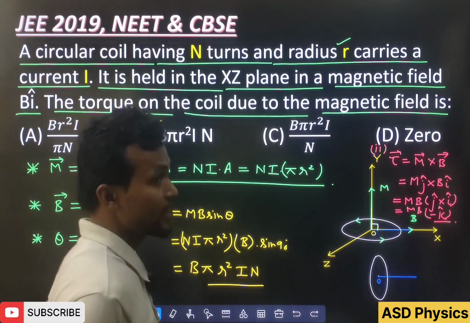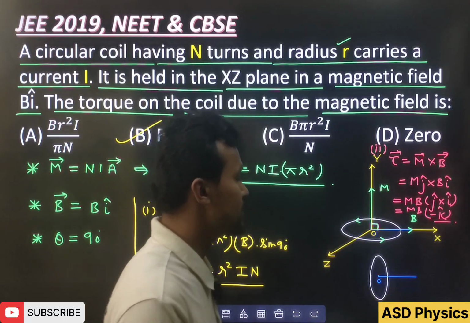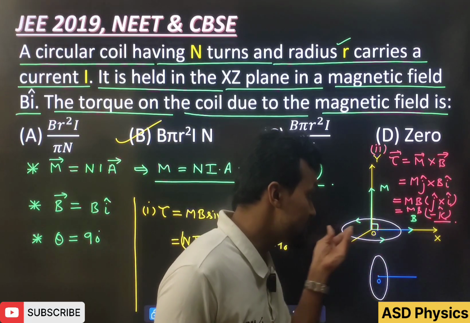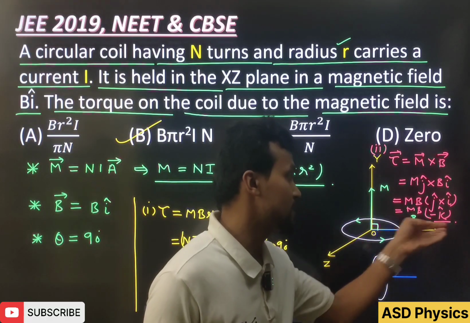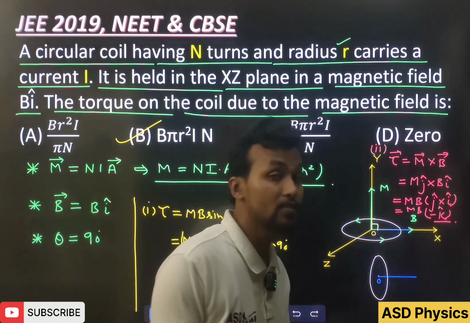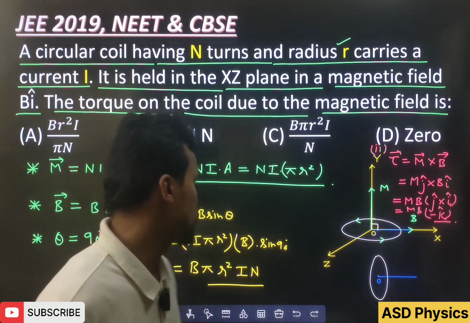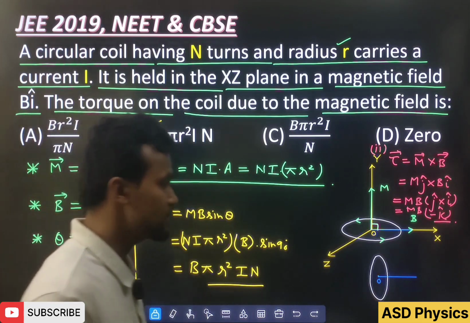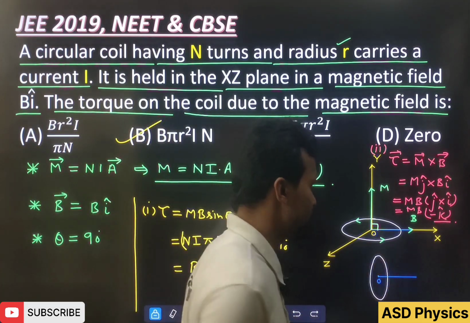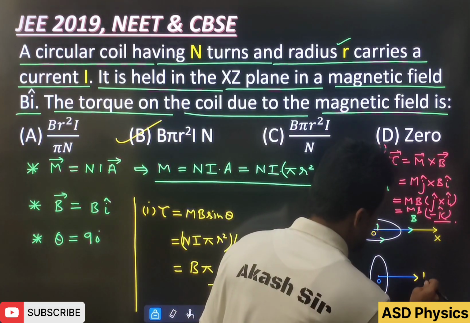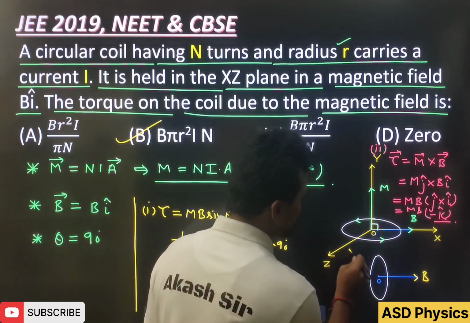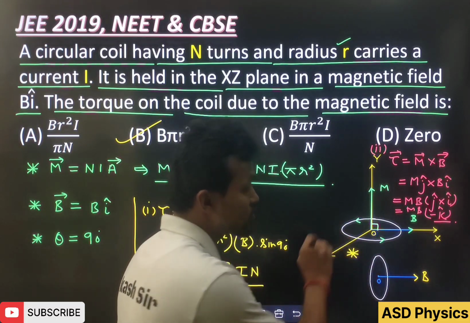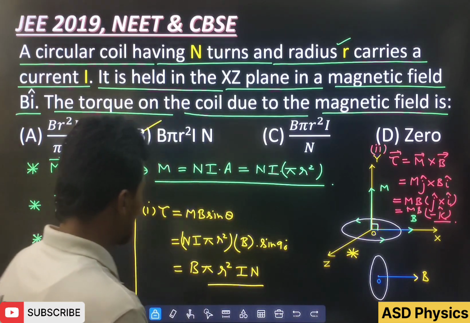And one thing I would like to tell you again: the magnetic field is in the plane of the coil, because the coil is in the zx plane and the magnetic field is along the x-axis. So when the magnetic field is in the plane of the coil, theta is 90 degrees. Similarly, let's take the reverse situation: the magnetic field B is along the x-axis, and now the coil is in the YZ plane.